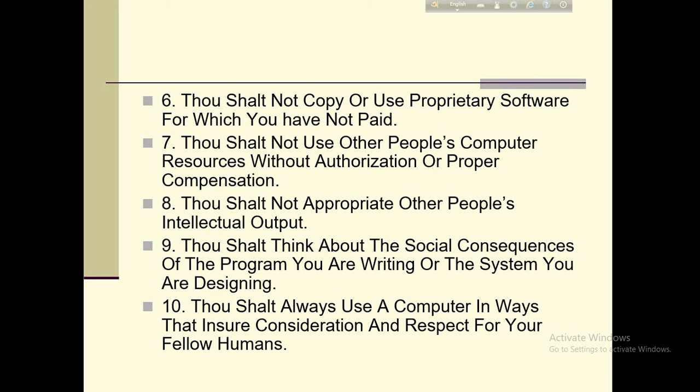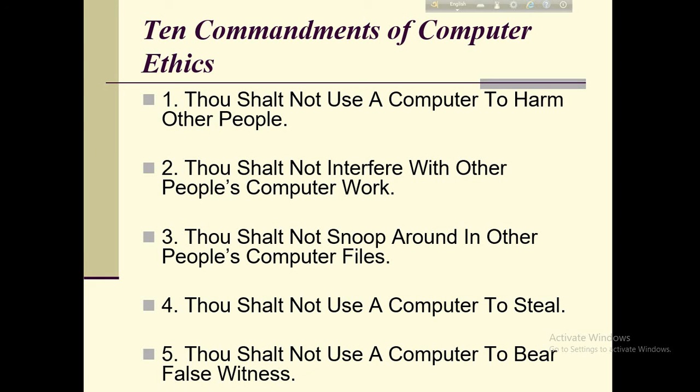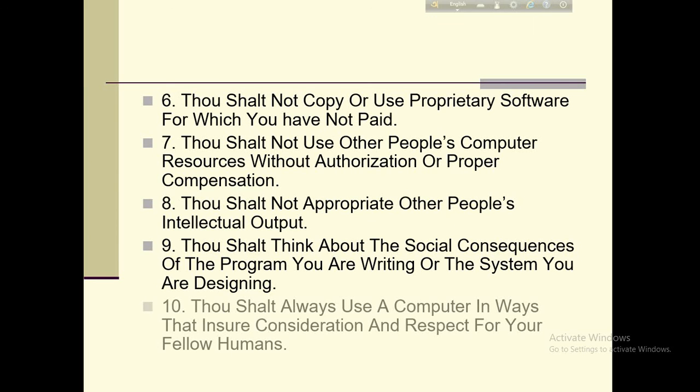Okay, you can write down all 10 points. I will show you from the beginning. There are 5 points. Write down the points. And there are another 5 points. So there are 10 points provided by the Computer Ethics Institute.